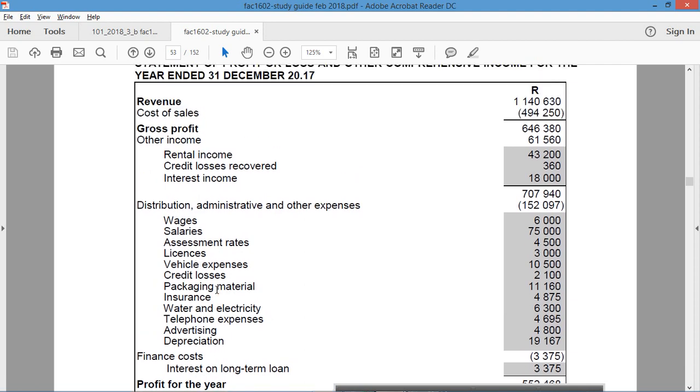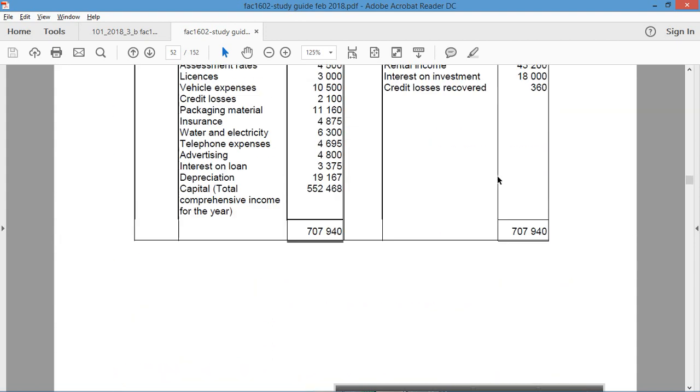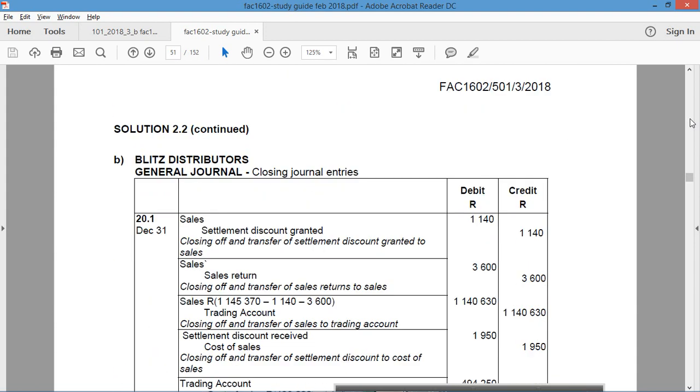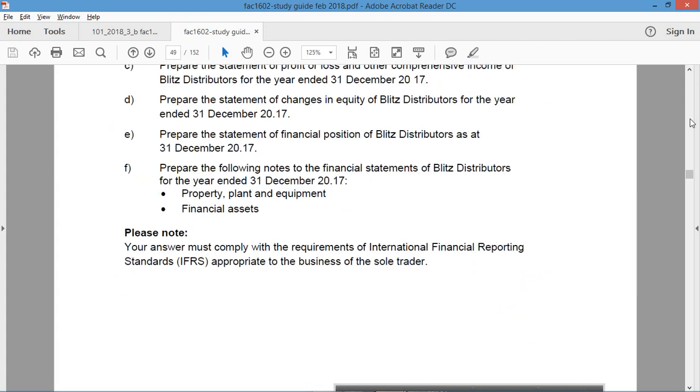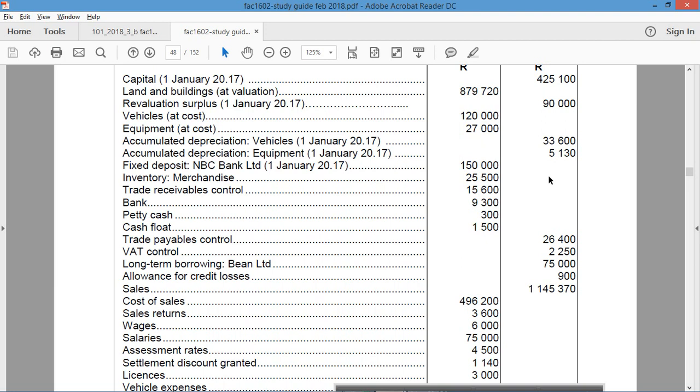Doesn't seem like they accounted for it. This was 2.2. They must have, because that's 1140. What was our discount amount? 1140. Where's the sales? Sales is 1145. Okay, so see, they did account for it.